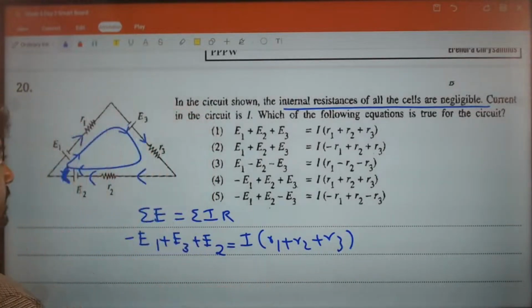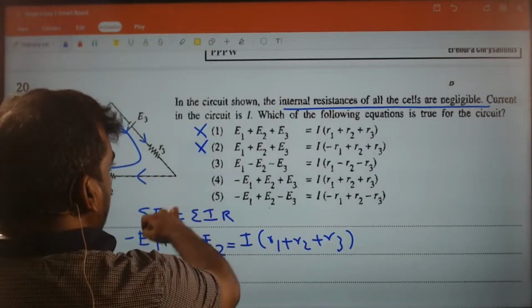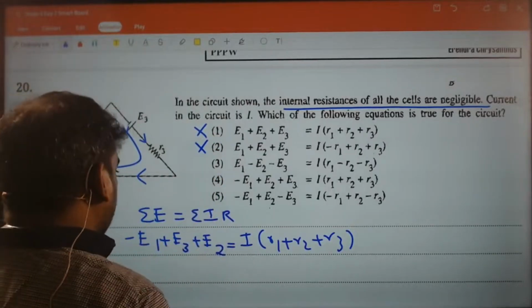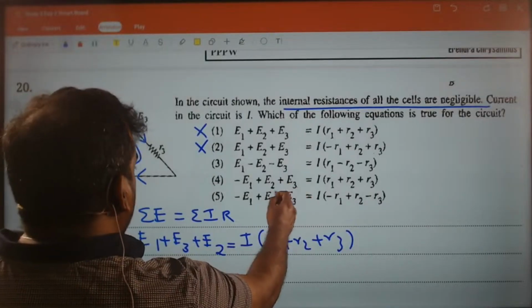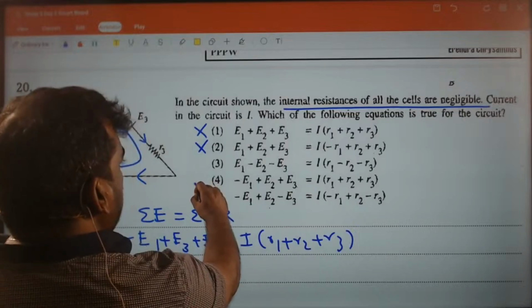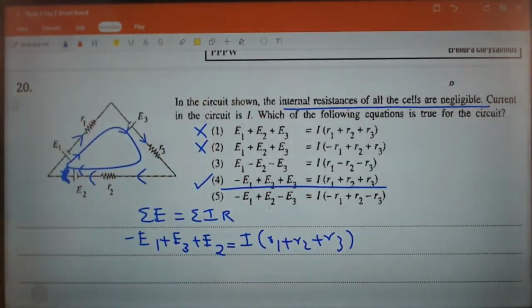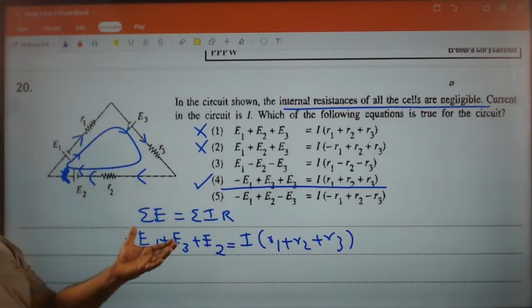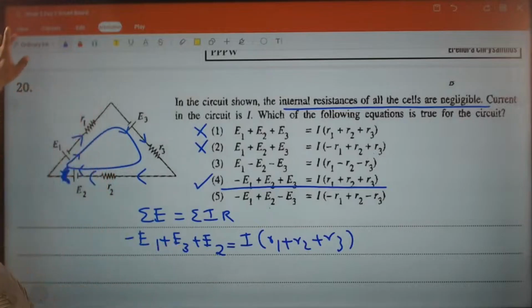Right, so this is not the first one. Can't be the second one. So either 1 or 2 should be negative. E2, E3 positive, minus E1. The correct answer is answer number 4. Very simple. Apply Kirchhoff's law and you can get the answer.